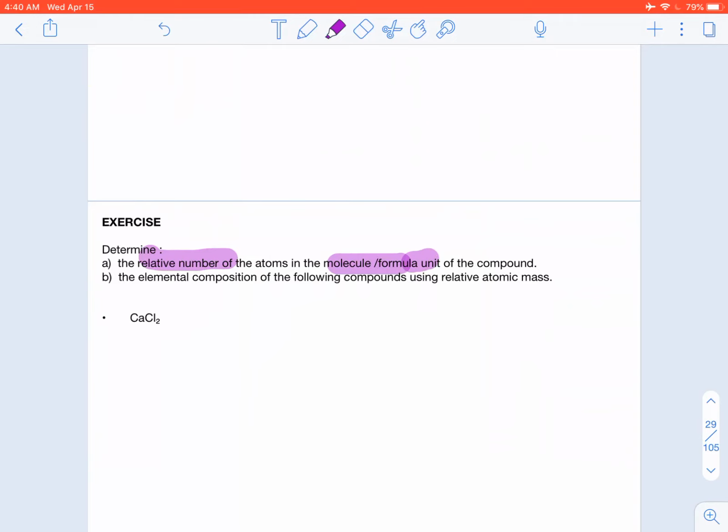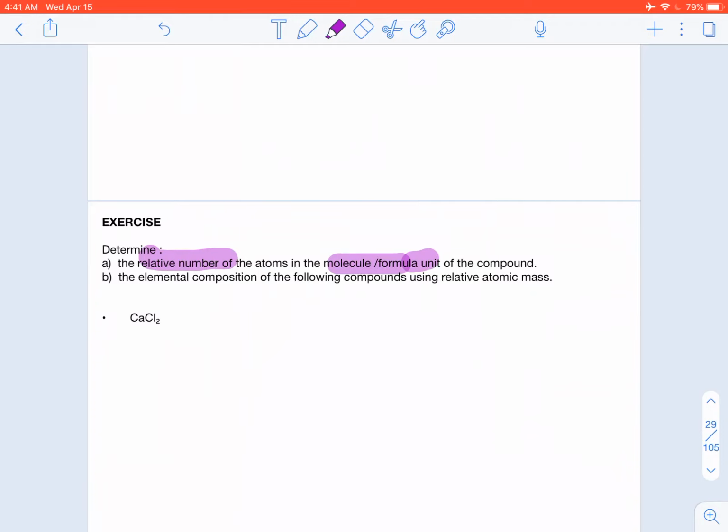So that's why I have written here atoms in a molecule or formula unit. So when we're dealing with a molecular solid, it's molecule, and when we're dealing with an ionic substance, we tend to use the word formula unit.